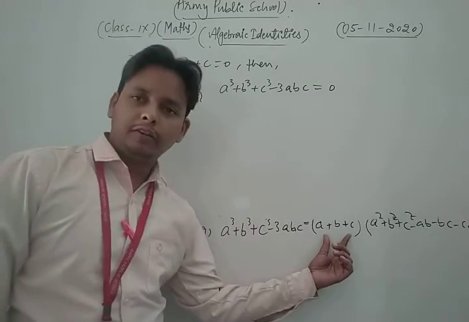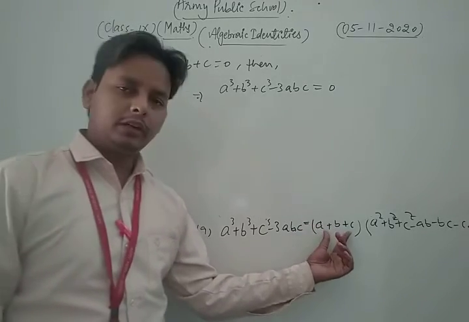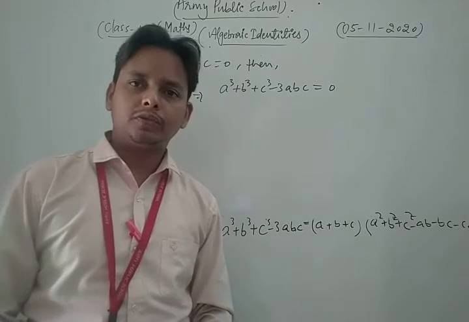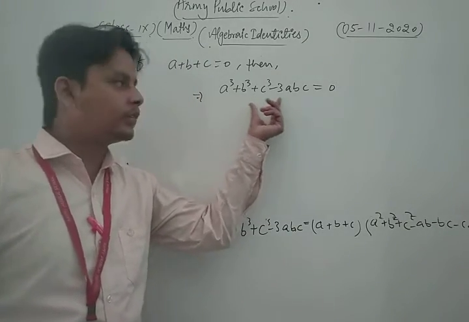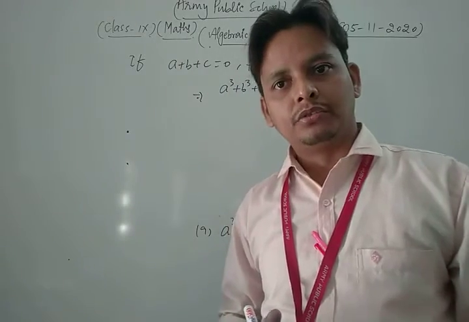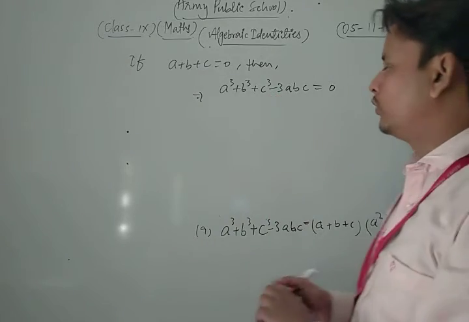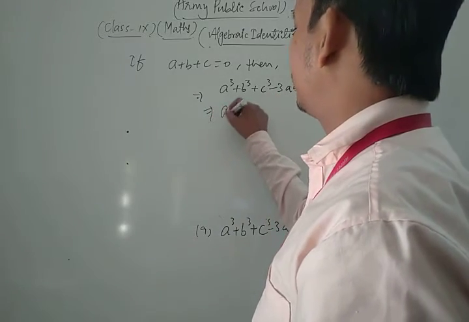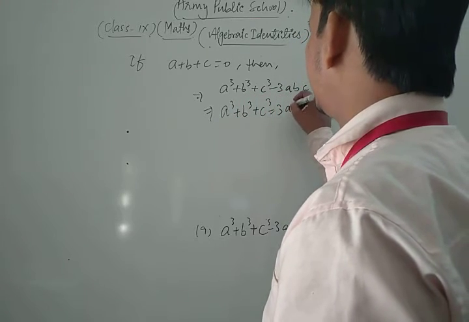Let's see. If the value of a plus b plus c is equal to 0, then if we put 0 here, all the right hand side becomes 0. So we get a cube plus b cube plus c cube minus 3abc is equal to 0. Now from there we transfer minus 3abc to that side. So we get, dear students, a cube plus b cube plus c cube is equal to 3abc.